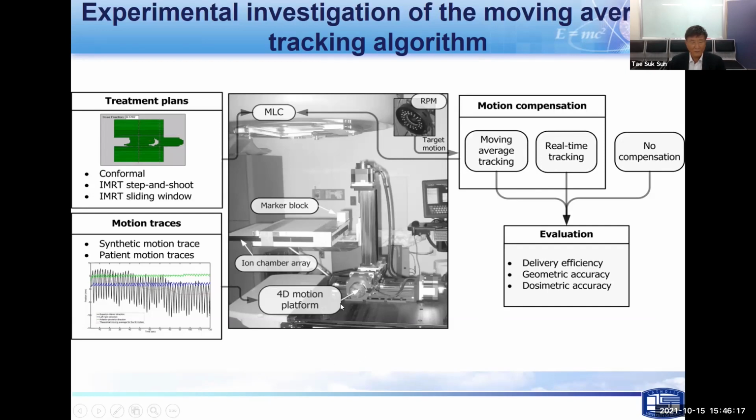Using the 4D phantom, the moving average tracking performance was evaluated in terms of three efficiencies: delivery efficiency, geometric accuracy, and dosimetric accuracy. As a result, all the efficiencies were improved when we applied moving average tracking rather than real-time tracking.